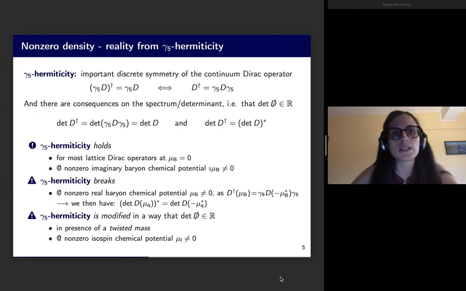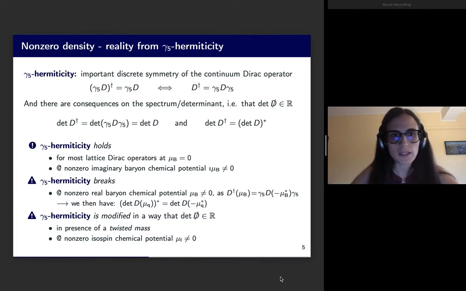We can actually trace back reality to some important discrete symmetry of the continuum Dirac operator, now coming back to the sign problem in setups in which we have dynamical fermions that we want to simulate, for example, in the framework of QCD.